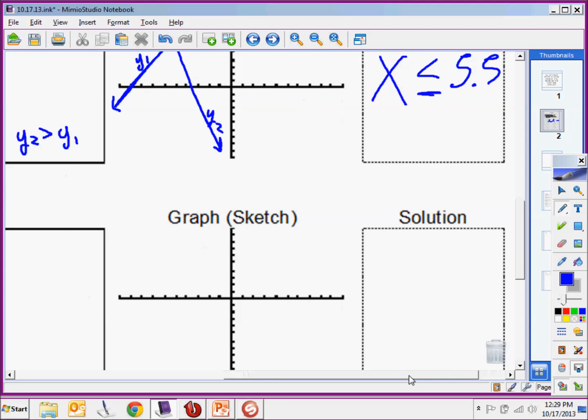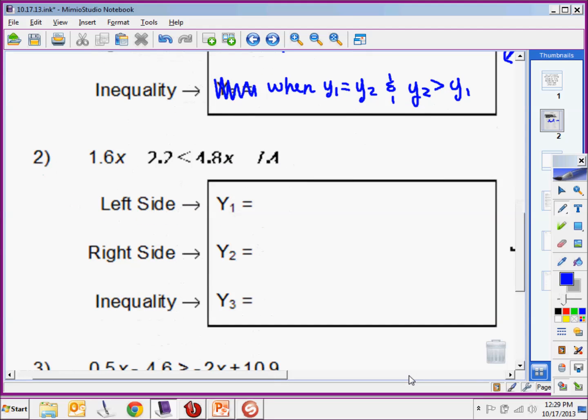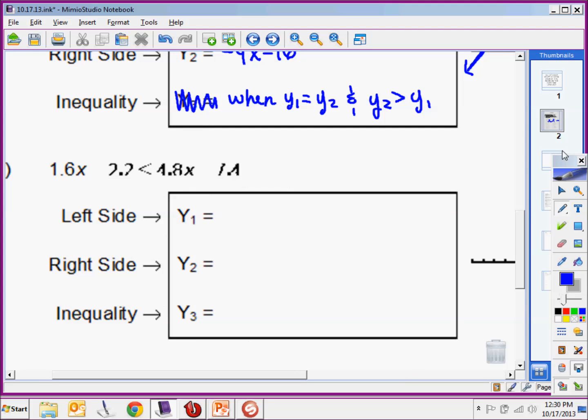We're going to do number 2 together, and then I'm going to leave you to do number 3. Are we ready for number 2? What's my left side? 1.6x minus 2.2. What's my right side? 4.8x plus 7.4.